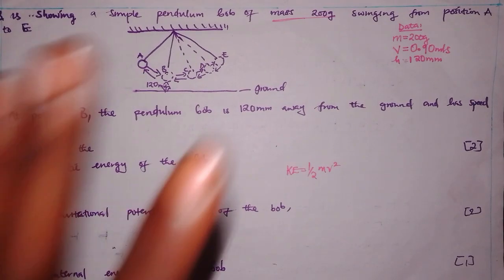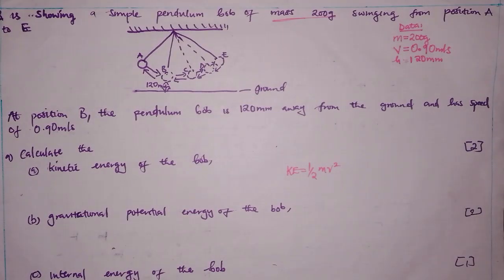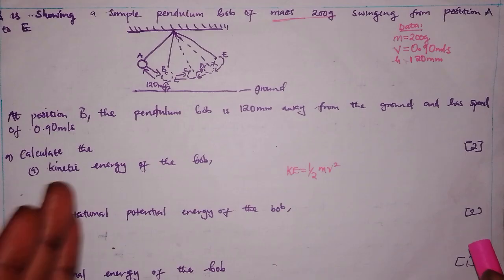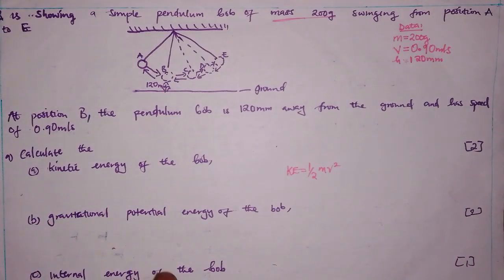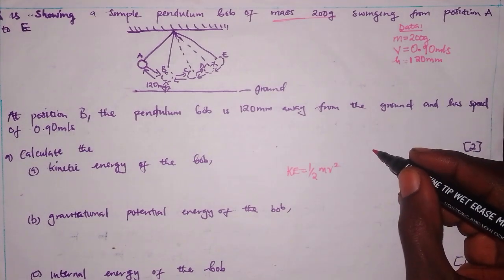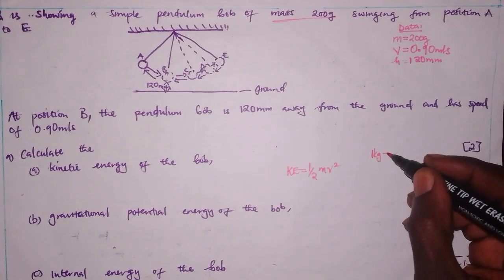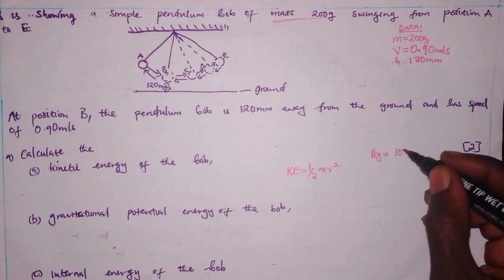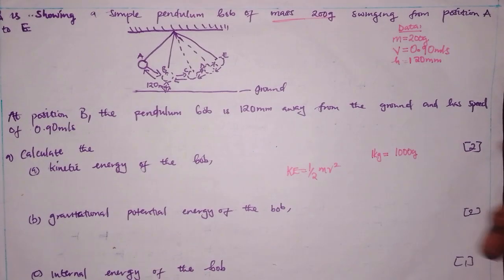So now, before rushing into solving again, check the unit. Always remember to check the unit. What is the mass? The mass again is in grams. So before you solve, change the mass to kg. So you say 1 kg is equals to 1000 grams.